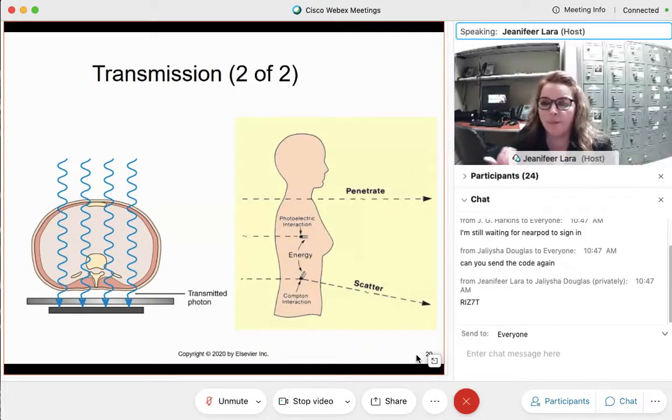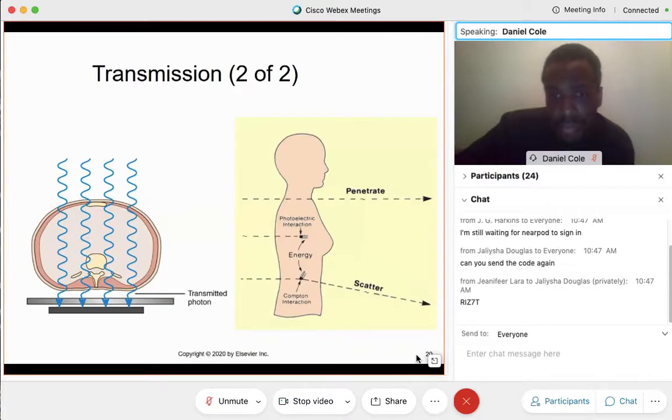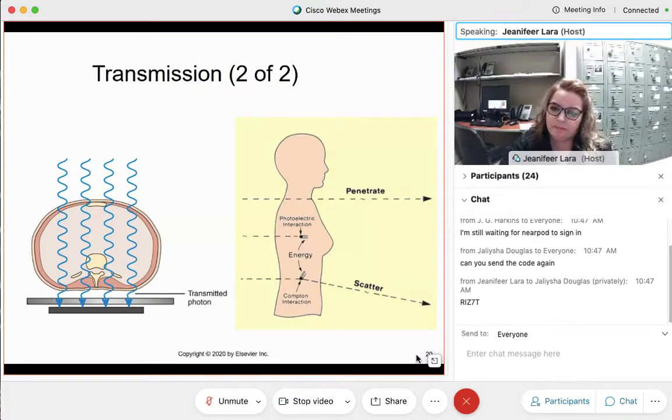When I'm talking about penetration power, Daniel, what am I referring to? I'm sorry, can you repeat the question? What does penetration power mean when I'm referencing the beam? Help them out.